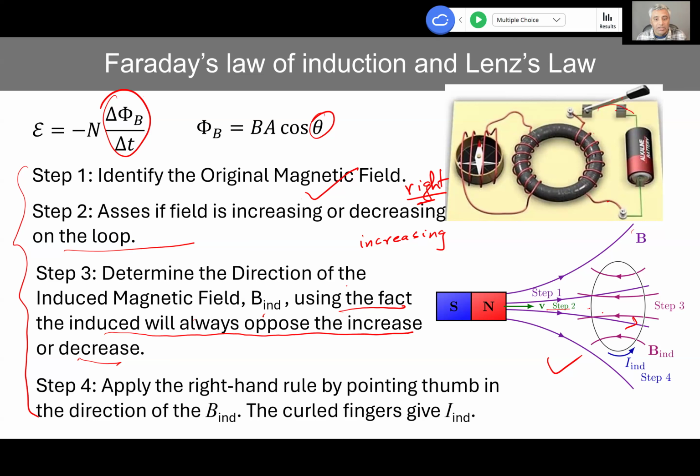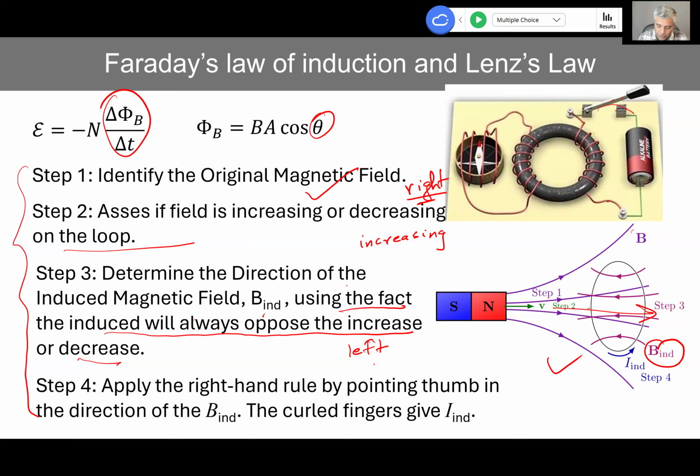If you are trying to help somebody pull something, you pull in the same direction, and if you are not helping, you do that in the opposite direction. So in this case, the induced field is going to be to the left, because the original is right and it is increasing. To oppose that, it has to go in the opposite direction of right, which means left.